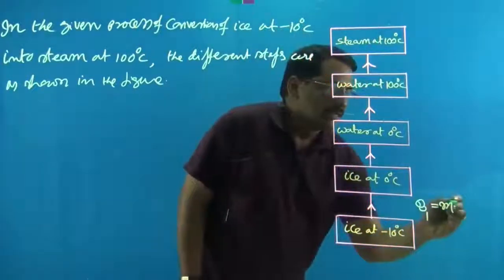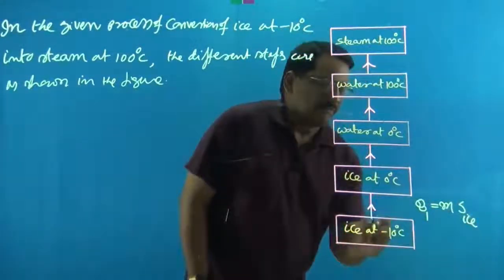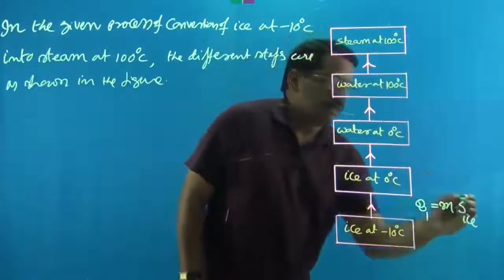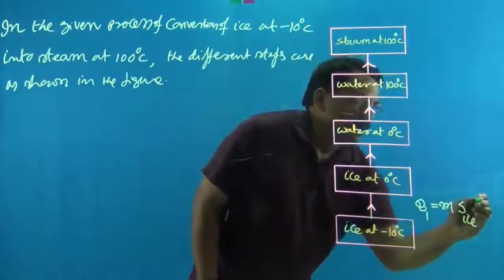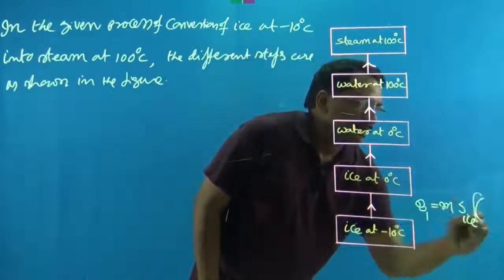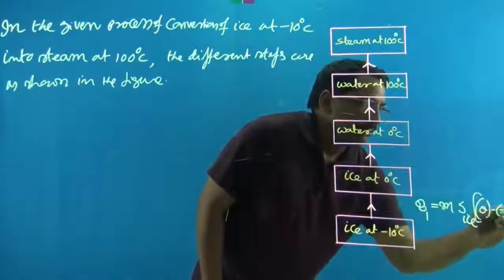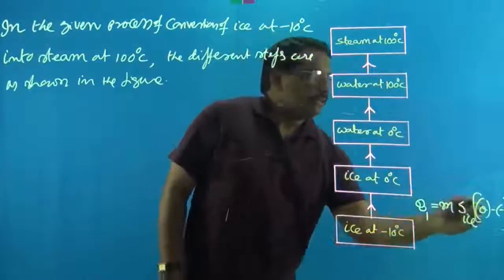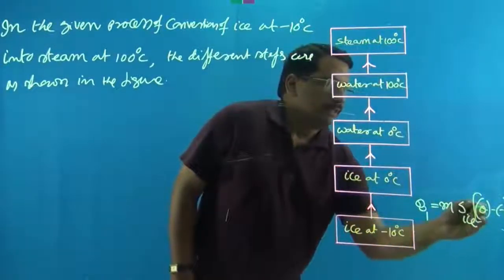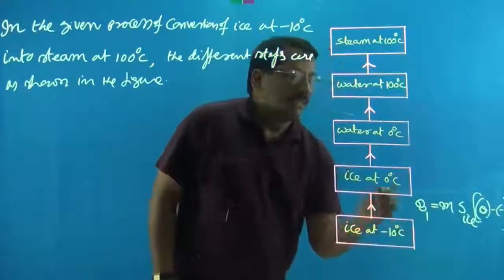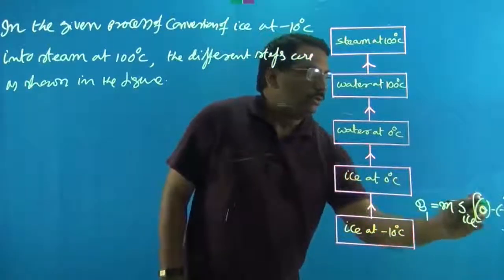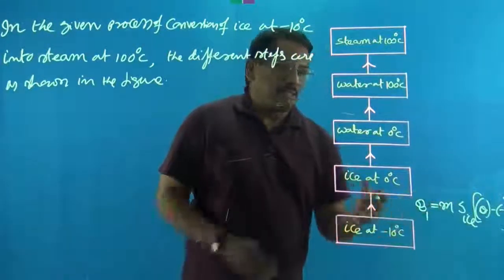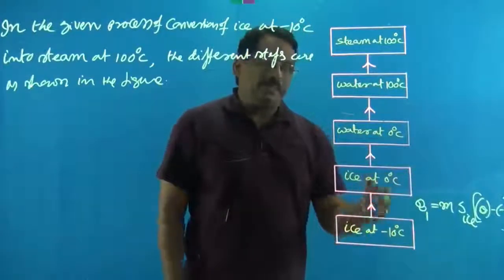M into specific heat of ice, since this is a rise of temperature only, so the ms theta formula: mass into specific heat of ice into the rise in temperature, that is 0 minus of minus 10. So the rise in temperature is by a magnitude of 10 degrees centigrade, from minus 10 to 0.